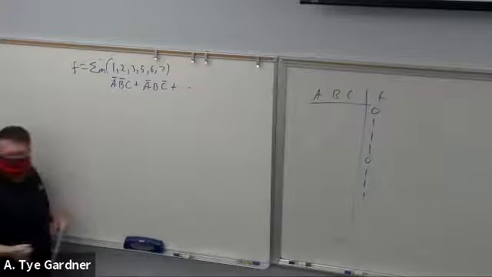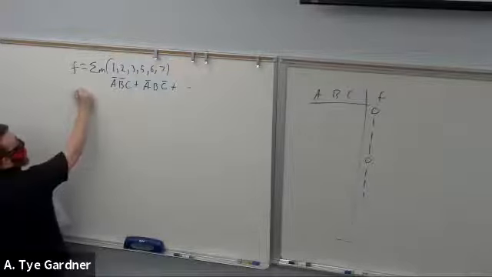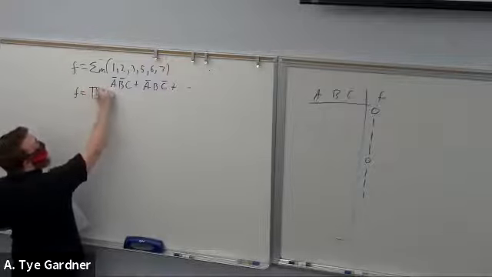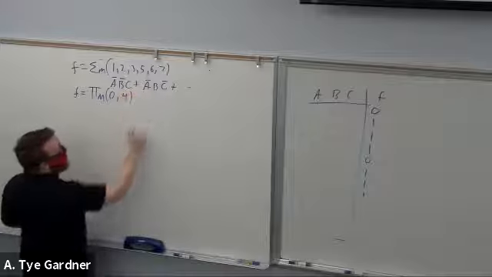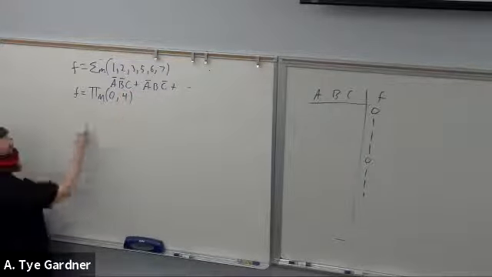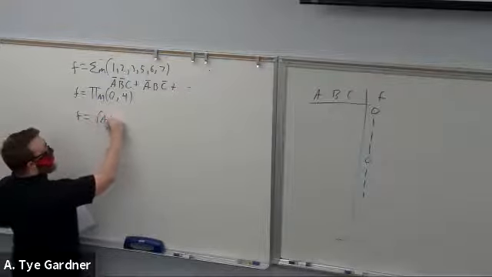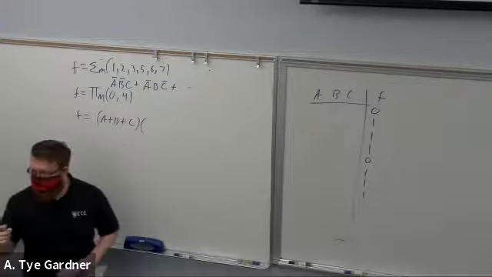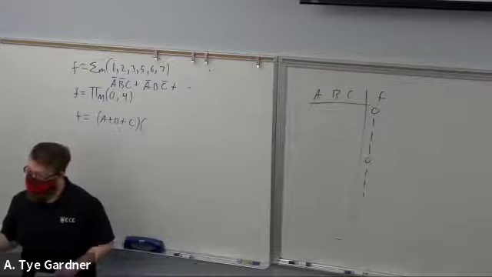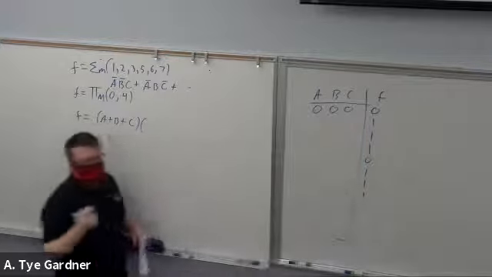and so on, right? But an equivalent way of writing this is using the product of sums expression, where F is equal to the product of max terms, just 0 and 4. Now, when we write the product of sums expression, we complement them if it's not 0.